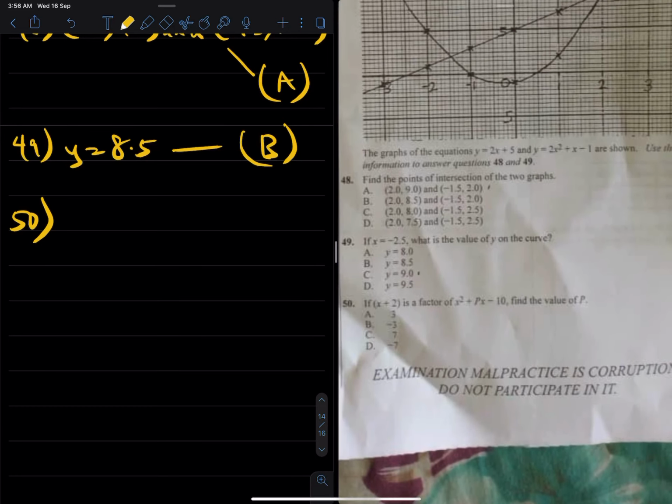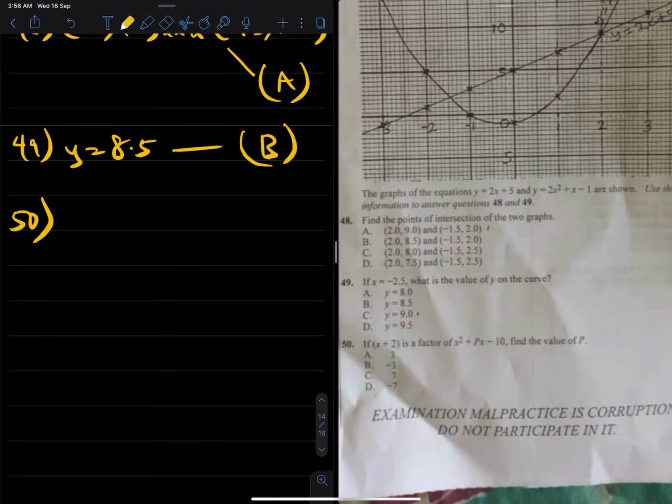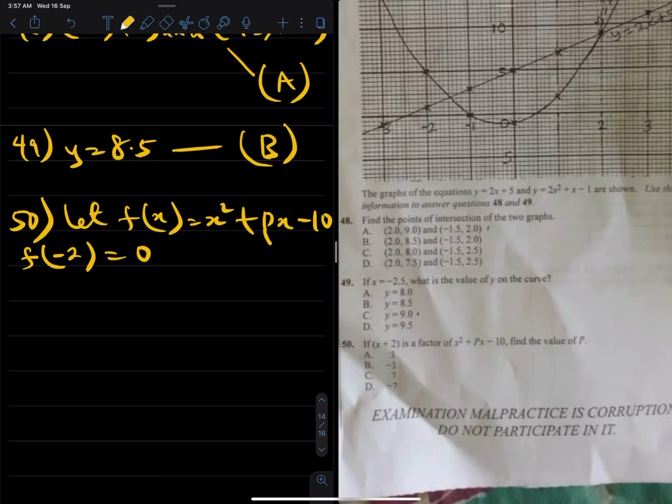That says if x plus 2 is a factor of x squared plus px minus 10, find the value of p. First of all, let f of x be equal to x squared plus px minus 10. So if x plus 2 is a factor of f of x, that means f of minus 2 is equal to 0.